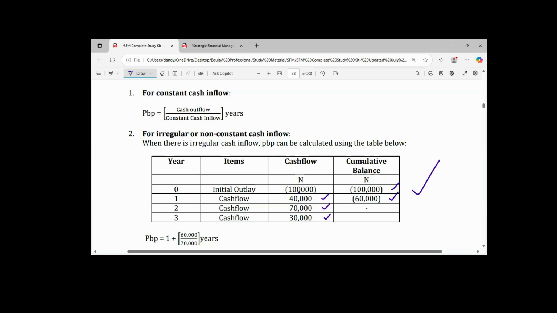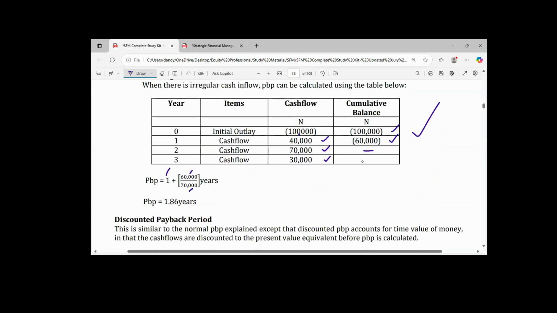So when you are calculating your payback period using the tabular method and you get to a point where the outstanding balance is lower than the next cash inflow, you put a dash and you calculate your payback period. In this case, we have recovered for year 1, and the outstanding balance of 60,000 is divided by the next cash inflow of 70,000. So put it together. This means that this project will pay back within 2 years. That's the interpretation.